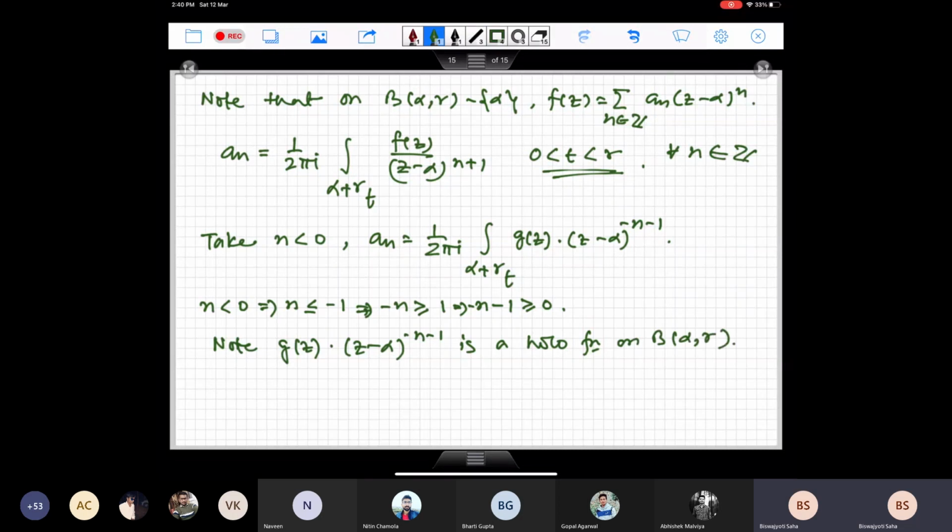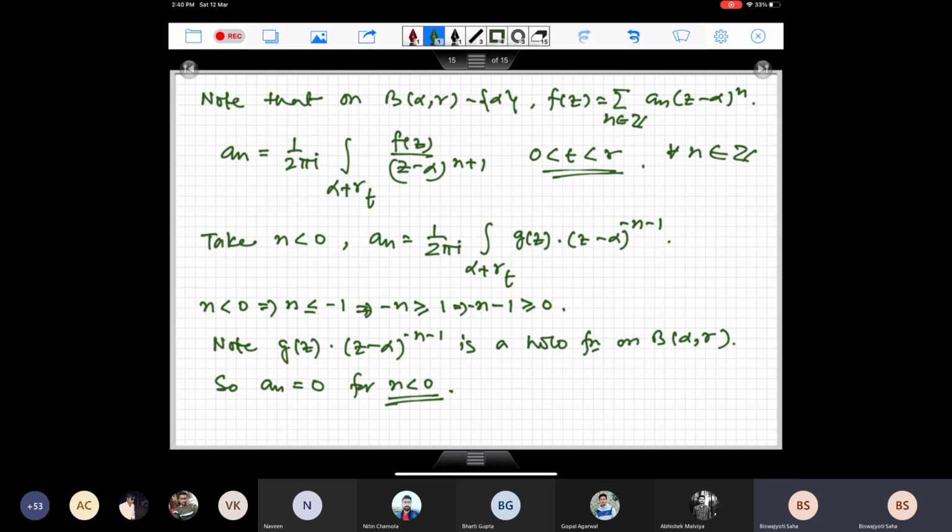On this whole ball, this function is holomorphic. So what can I say about the integral of a holomorphic function along a closed curve? It is 0. So an is equal to 0 for n negative.